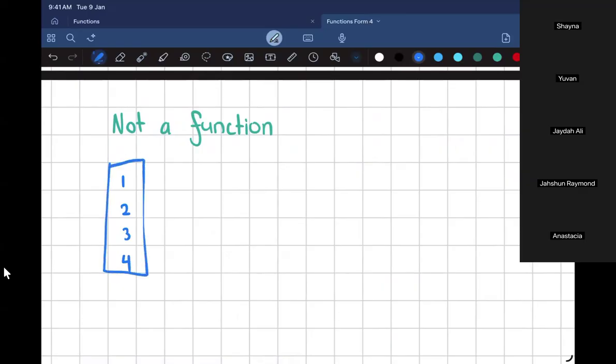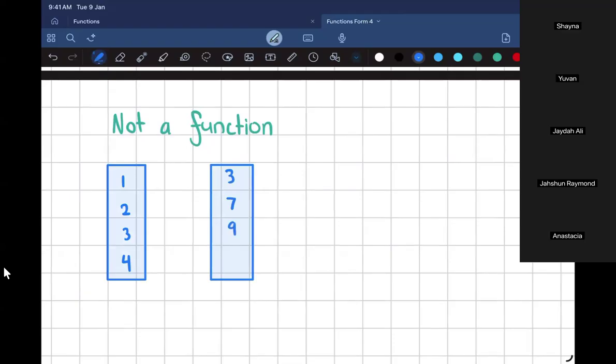I think you could do it. Okay. So 1, 2, 3, 4. And I'm going to put in these values in the range: 3, 7, 9, and 20. So I'm just doing a bunch of madness here. That's literally what I'm doing.